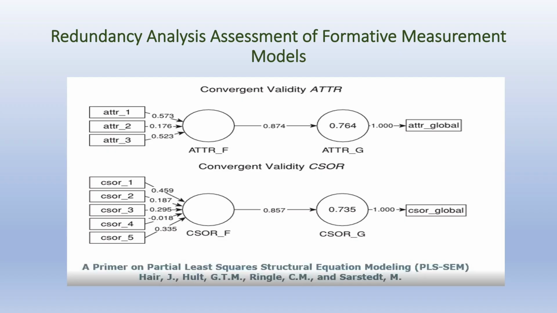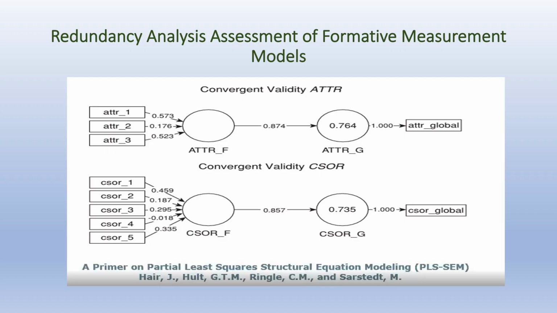To execute the process for determining convergent validity, one must plan ahead in the research design stage by including an alternative measure of the formatively measured construct in the questionnaire. From the example, we can see the results for the redundancy analysis for the ATTR, that is the attractiveness construct.